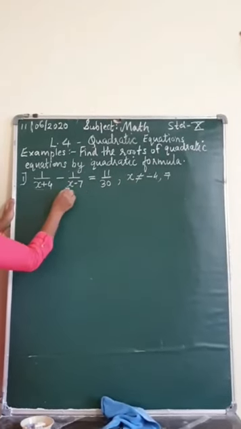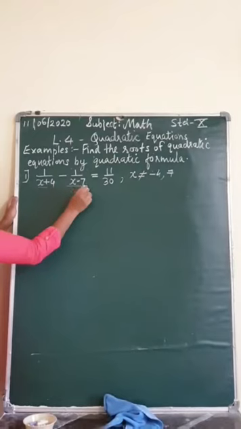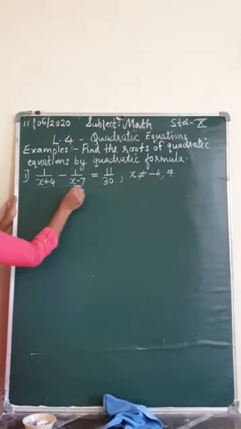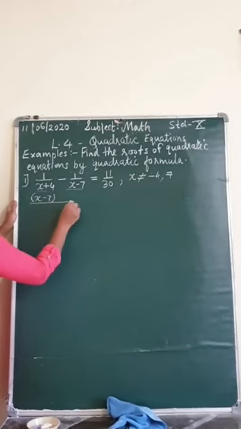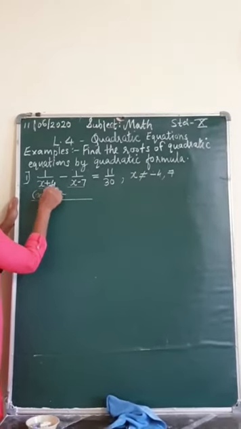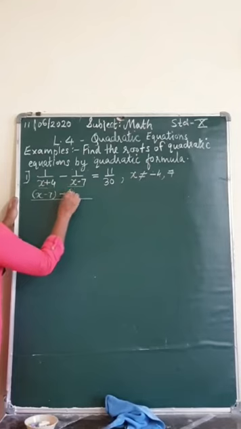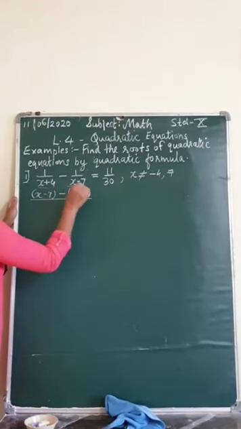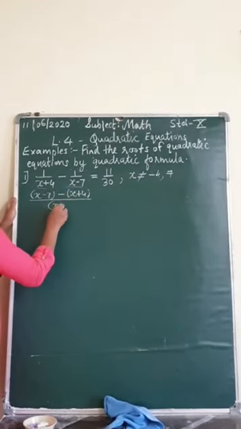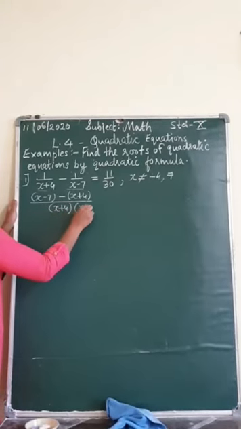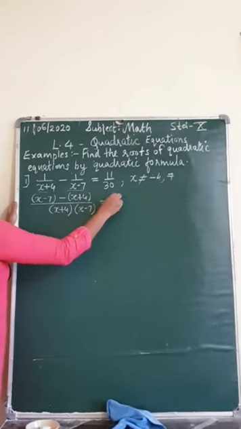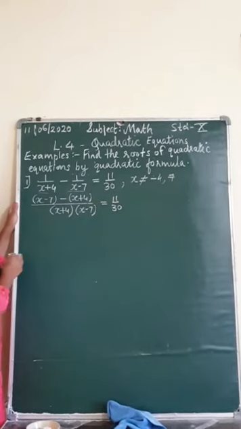So first of all, we are finding the LCM of this, that gives us x minus 7 upon... So we are doing the cross multiplication. Finally we get x plus 4 in one bracket and x minus 7 in the other bracket, which is equal to 11 upon 30.